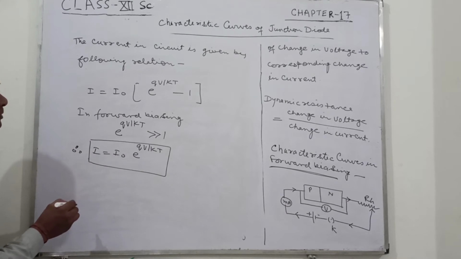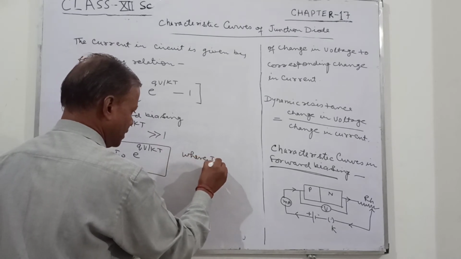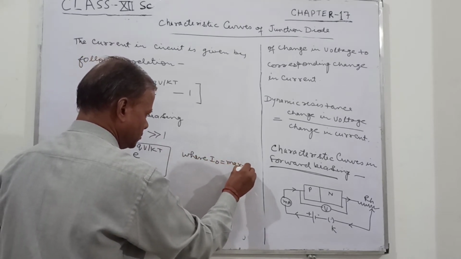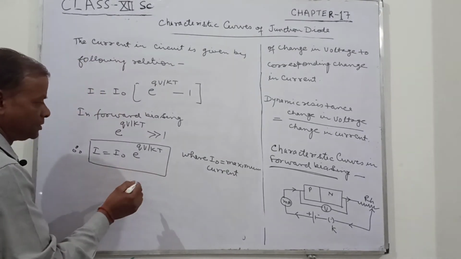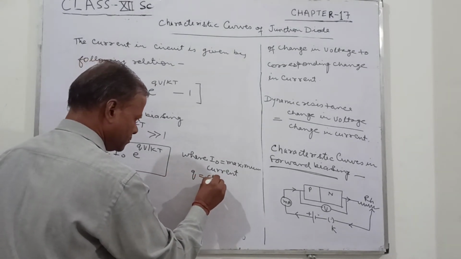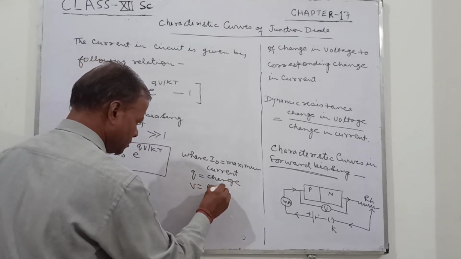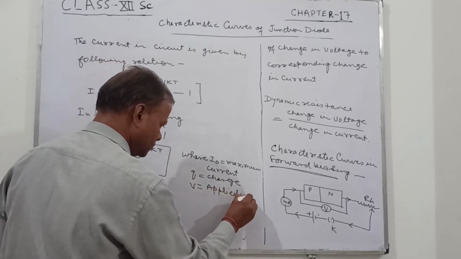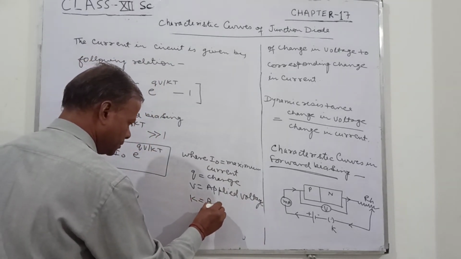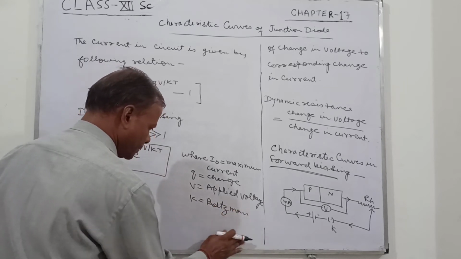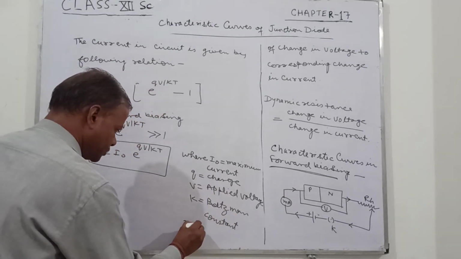Now here I naught is the maximum current, q the charge, V the applied voltage, k the Boltzmann constant, and T the absolute temperature.